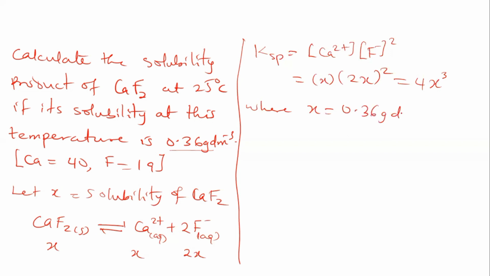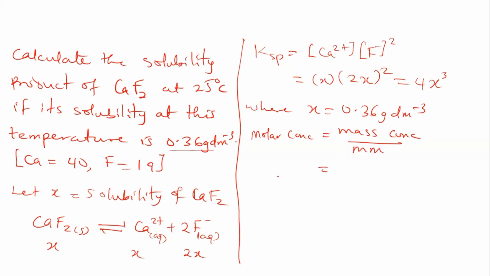Where X is 0.36 gram per dm cube. Now, we have to convert it to mole per dm cube. It must be solubility in mole per dm cube. So therefore, we will find the molar concentration. Remember that molar concentration is mass concentration divided by the molar mass.